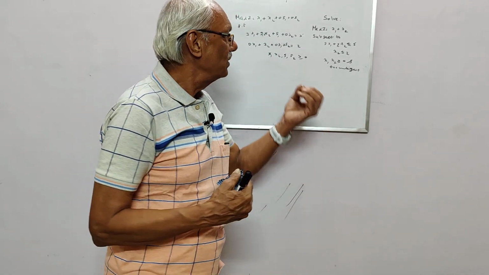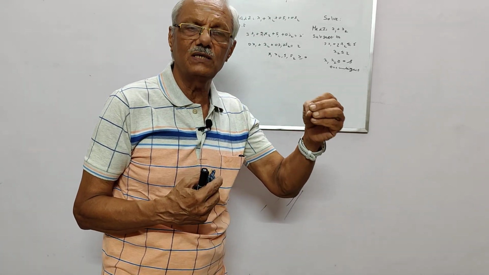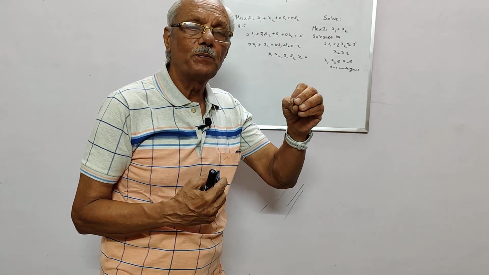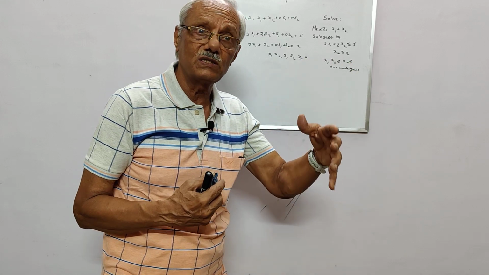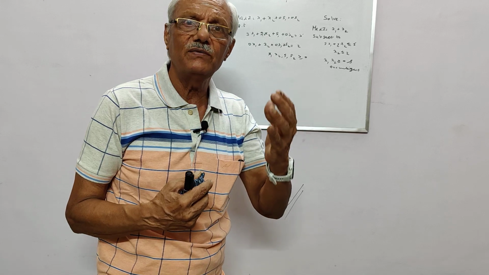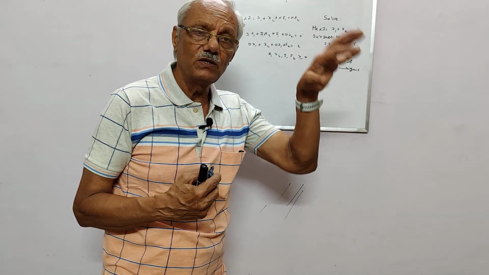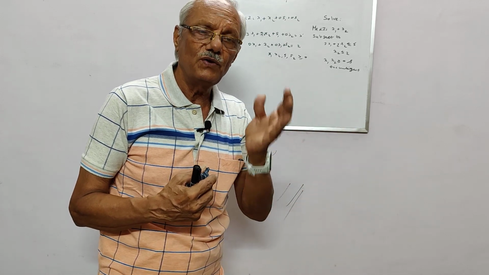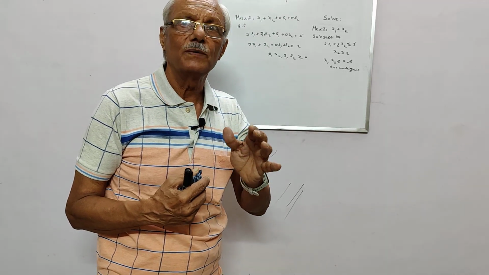While you work using the simplex method, the table itself will tell you whether you have arrived at the optimal solution. The figures that you get will tell you whether you are arriving at the optimal solution.